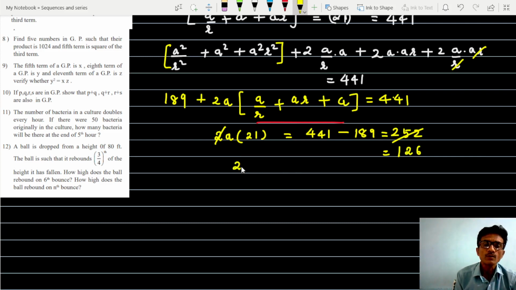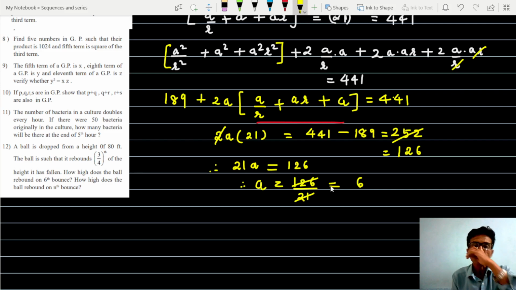Therefore 21 into A is equal to 126. So A is equal to 126 divided by 21, which is 6. Therefore we are getting A equal to 6.